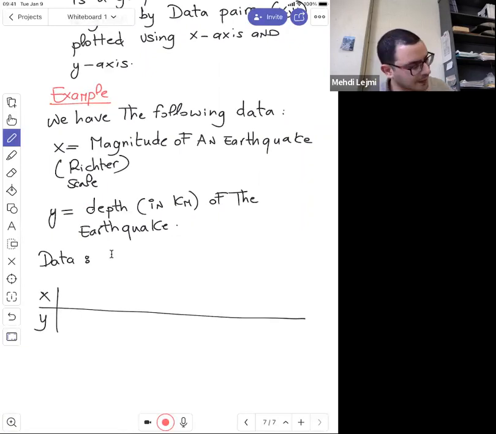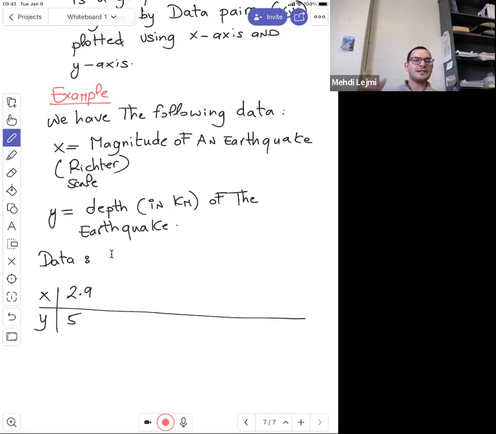So X, let's say, for the first earthquake, is 2.9. That's the magnitude of the first earthquake, 2.9 Richter, okay? And the corresponding depth, Y, is, let's say, 5 kilometers.